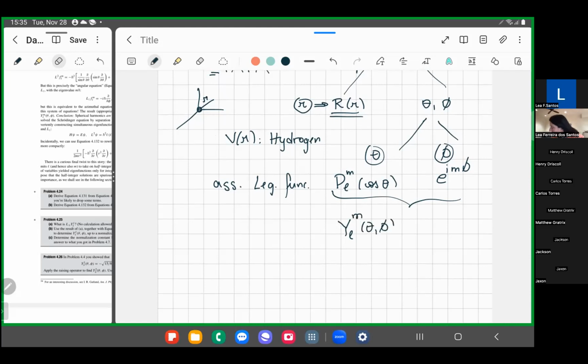This part that depends on the angles, which is some normalization constant, that P_l^m that we wrote there, and that exponential in phi. This part here is general. Any central potential will have this solution. And how do we call this solution? The spherical harmonics.